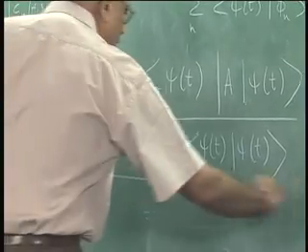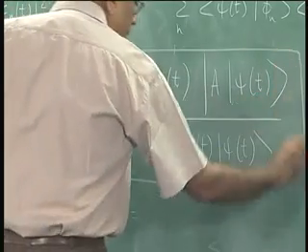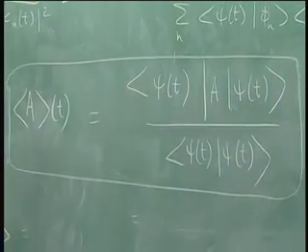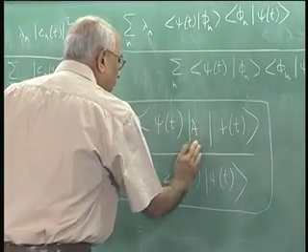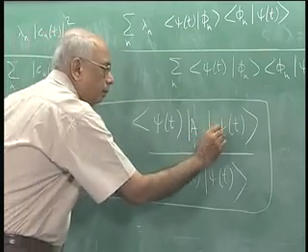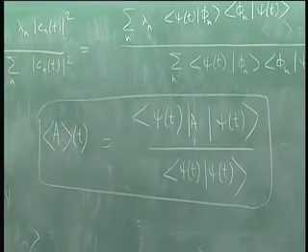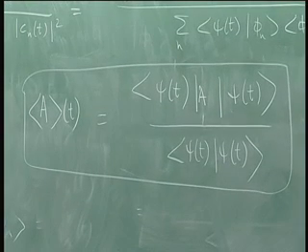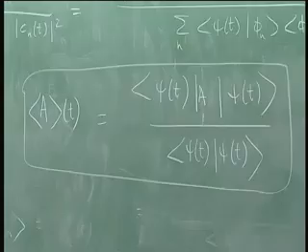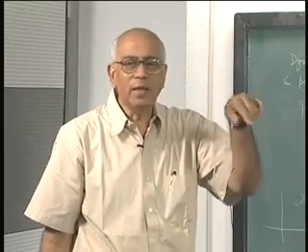This is a fundamental formula. So let us put A here and the psi of t. Does the numerator remind you of anything? You have this A sandwiched between two states, it looks like a diagonal matrix element in a basis in which psi is one of the basis vectors.